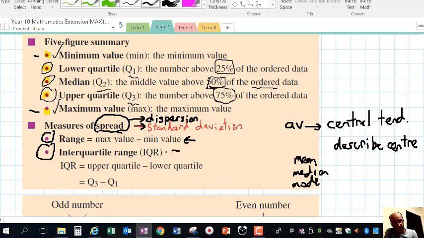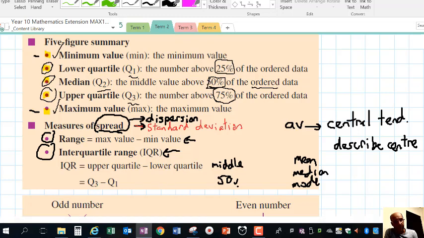Then there's another type of range called the interquartile range, known as IQR. And it's also how far the data is spread out, but it's how far the middle 50% of the data. Okay, the middle 50%, how far is the middle 50% spread out? Now, we do that by going Q3 minus Q1.